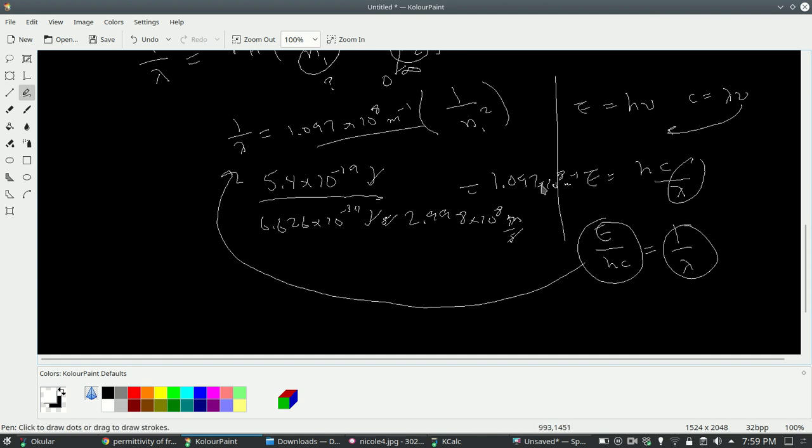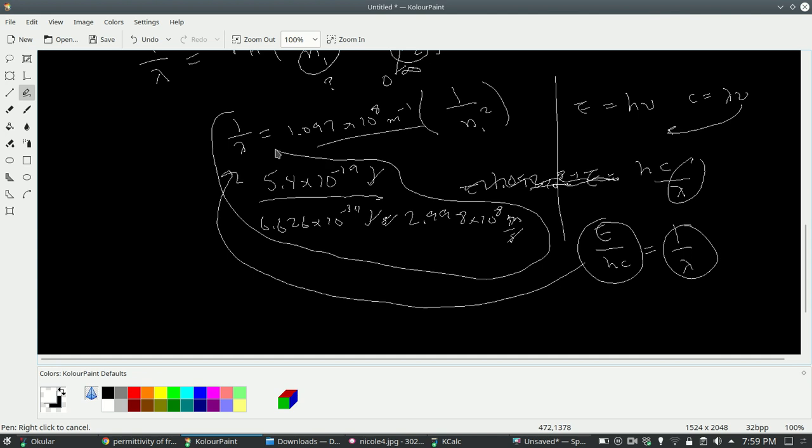Okay, this is getting a little too messy, and I don't have room to rewrite it, so I'm just going to cross this out. This is all 1 over lambda. I'm going to calculate this out.